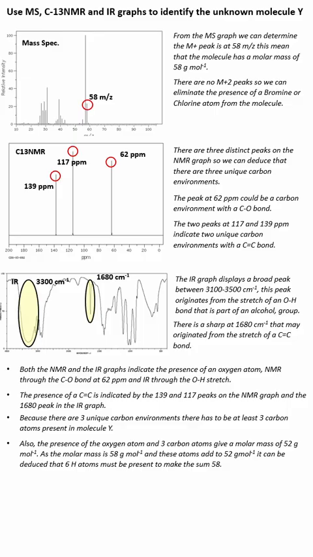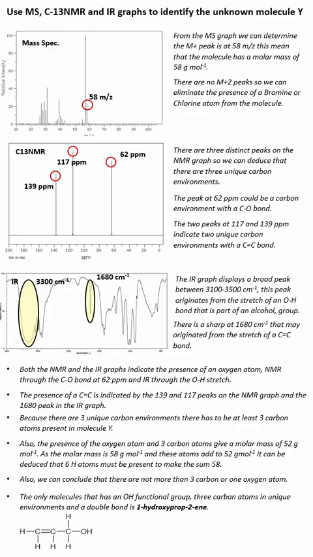When I add that up, I get a molar mass of 52. Now, the molar mass of this molecule is 58, which means if I have three carbons and an oxygen, I've got 6 more units to make up, and they can be made up by 6 hydrogens. So the molecule I'm going to draw has 3 carbons, 1 oxygen, and 6 hydrogens.